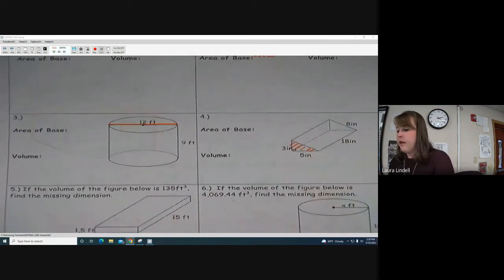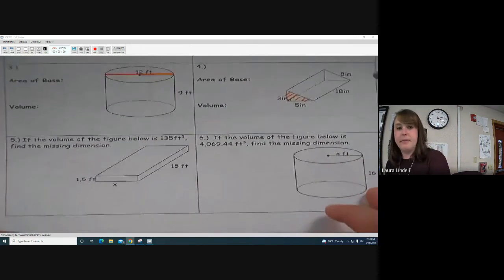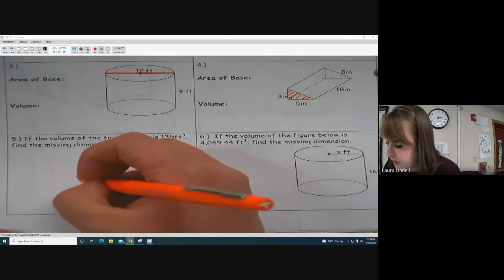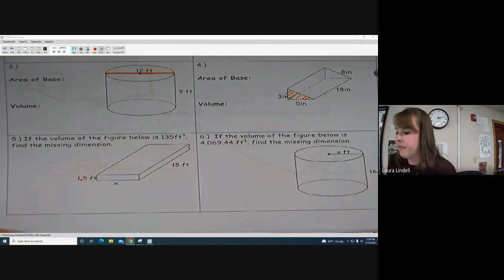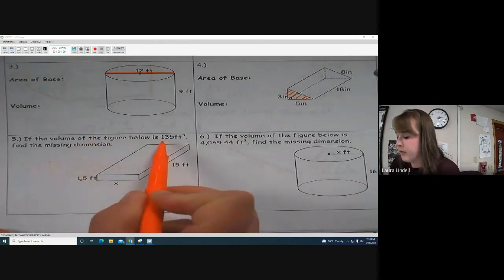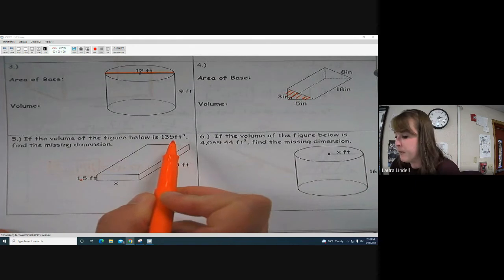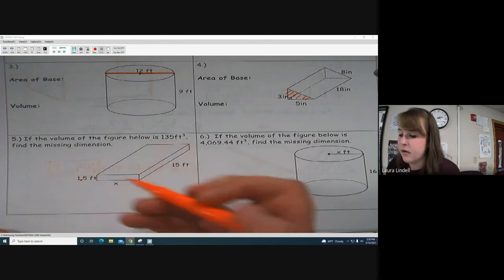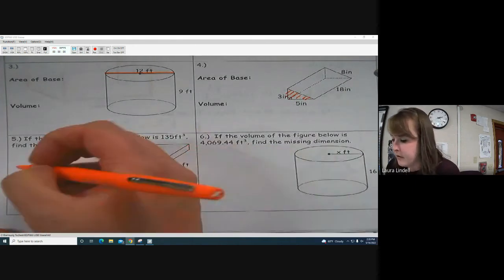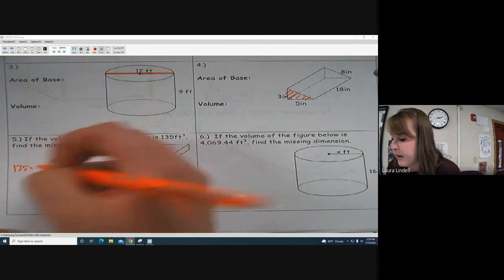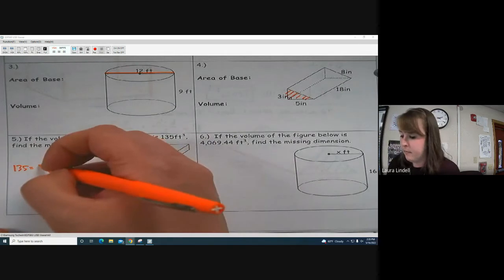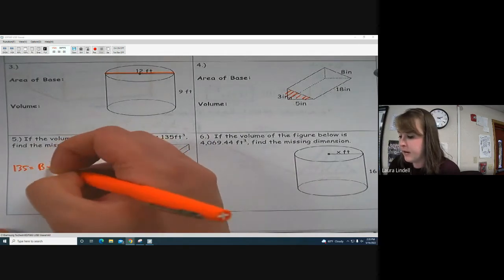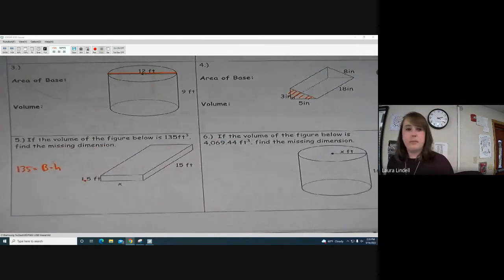All right. On numbers 5 and 6, these might be a little bit more of a challenge. Also, where it has a comma, it should be a decimal point. If the volume is 135 cubic feet, find the missing dimension. So we would have to take 135 and set it equal to our volume equation, which is area of the base times the height. We have to figure out what I can plug in.